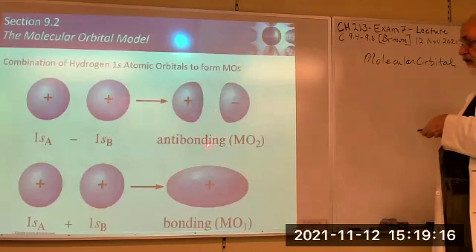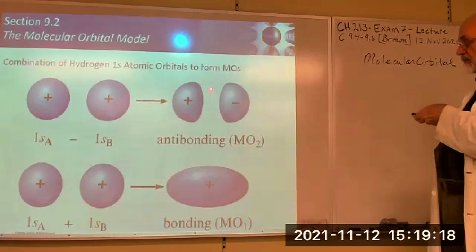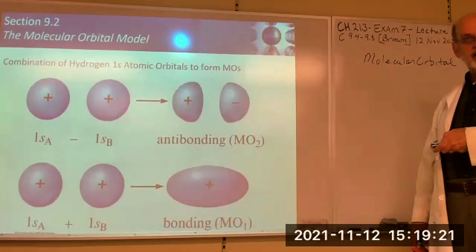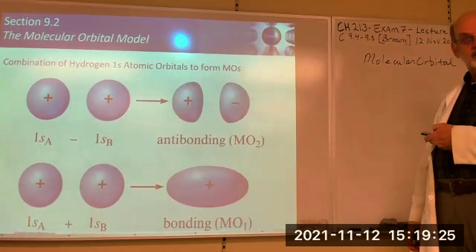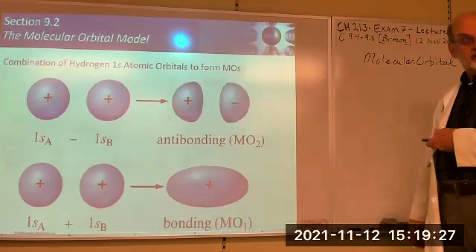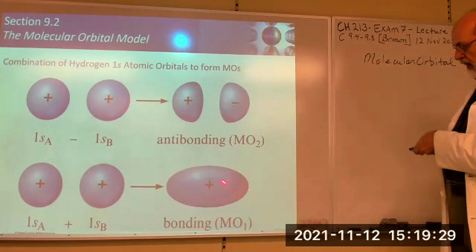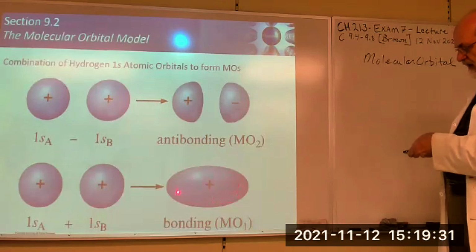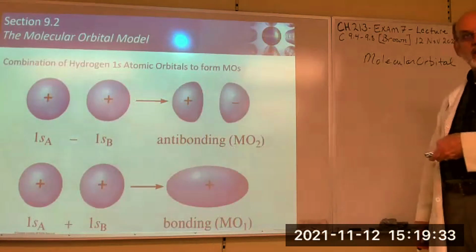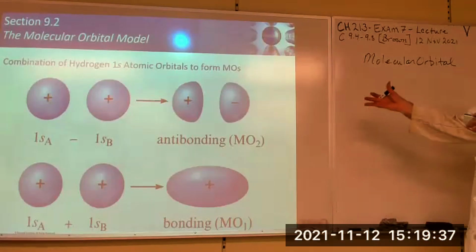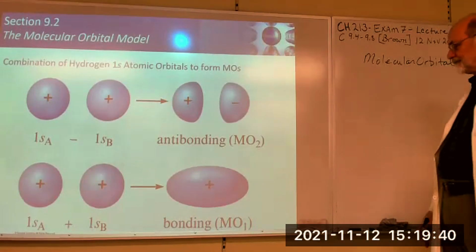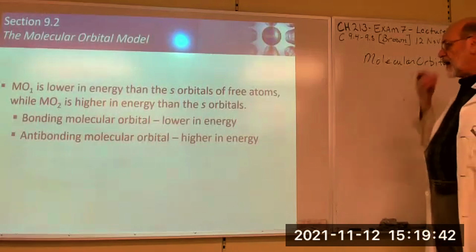The antibonding orbital finds a node between the nuclei. So that's one reason we call it antibonding, because it doesn't form a bond. Whereas bonding forms a density that's between the nuclei, and that would represent our sigma bond.